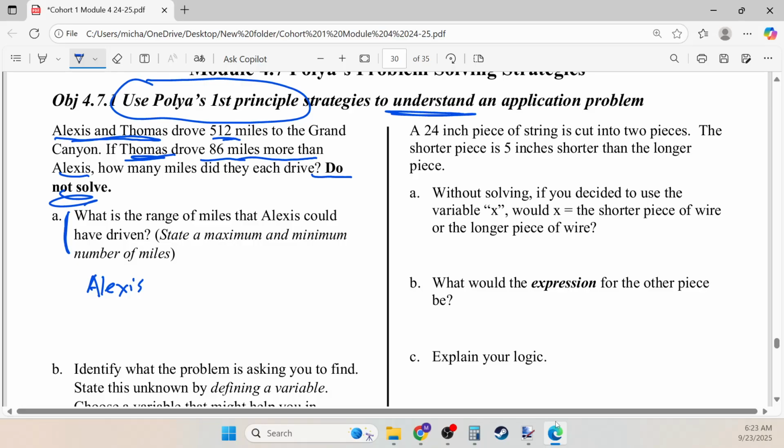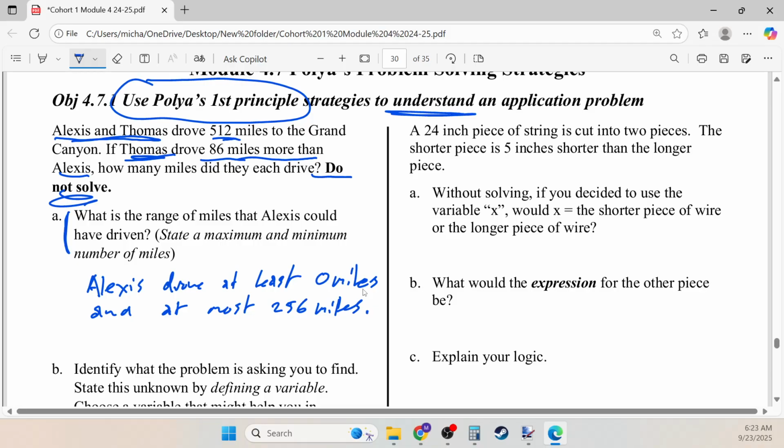So, we know that Alexis drove at least 0 miles, and at most, half of 512, which is 256. And we don't have to be incredibly precise with that right now, because all we're trying to do is find upper bounds and lower bounds.